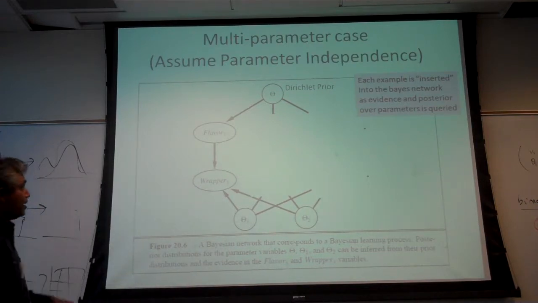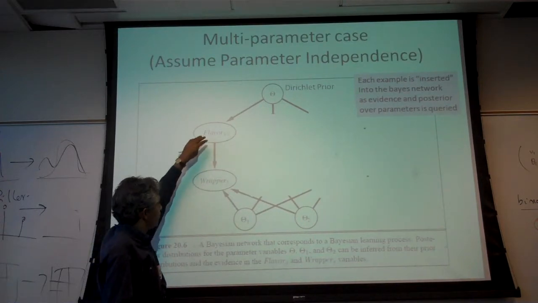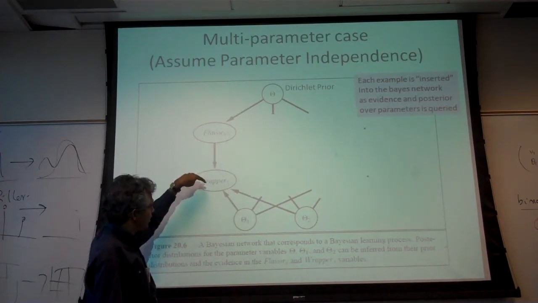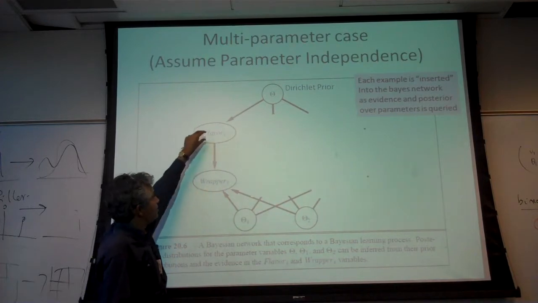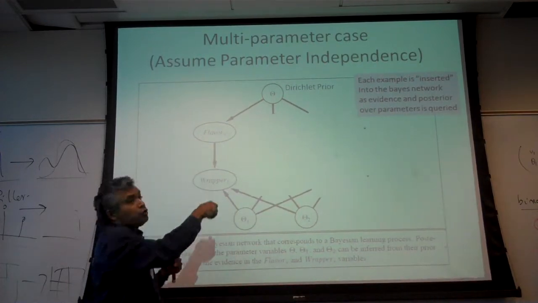Now I know the flavor of this first data point and the wrapper of the first data point. That means these two are evidence nodes. Here is a Bayes network, and I have 2 evidence nodes.